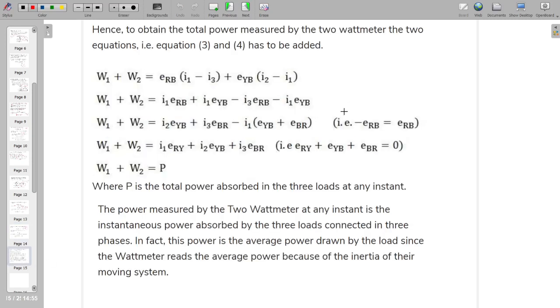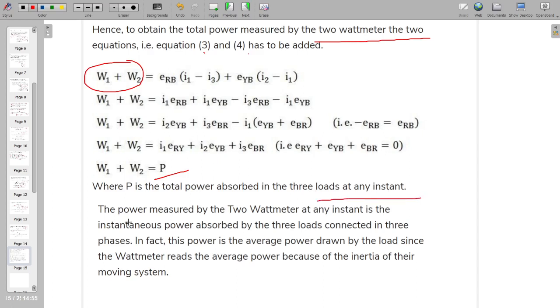So hence, to obtain the total power by the 2 wattmeters, we have the third equation and fourth equation. We add these two equations and manipulate a little. Finally, we get W1 plus W2 is equal to the total power, that is the power absorbed by the 3 loads at any instant.